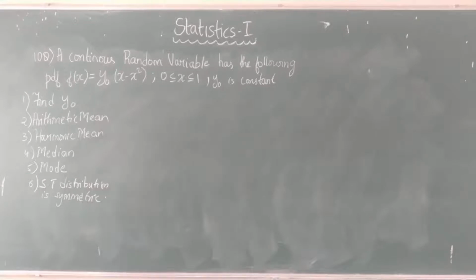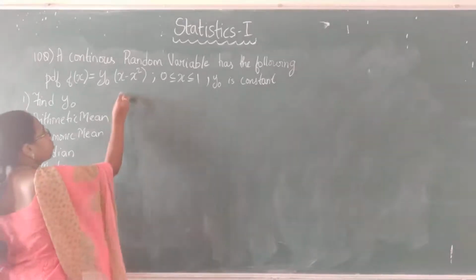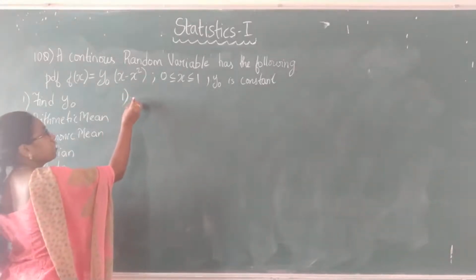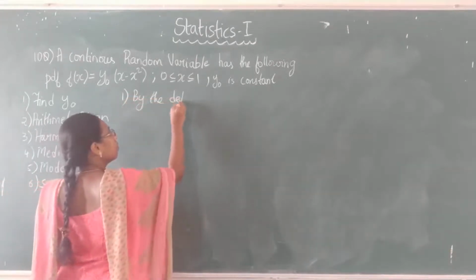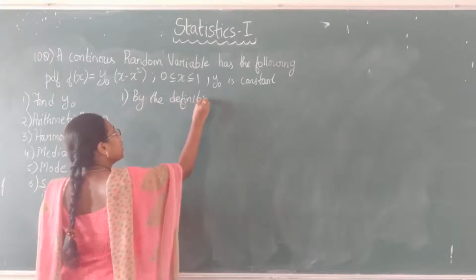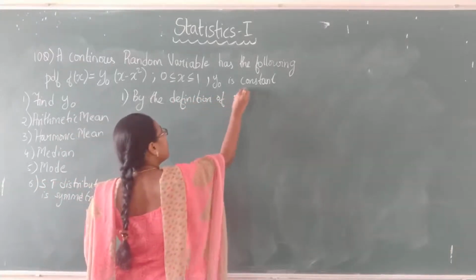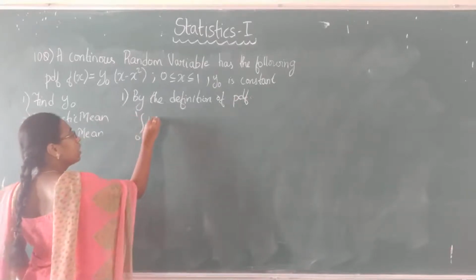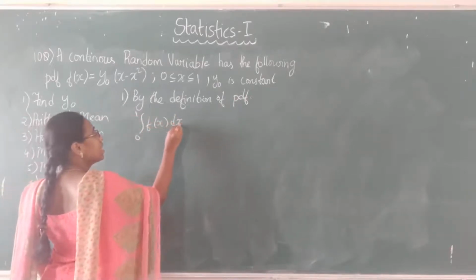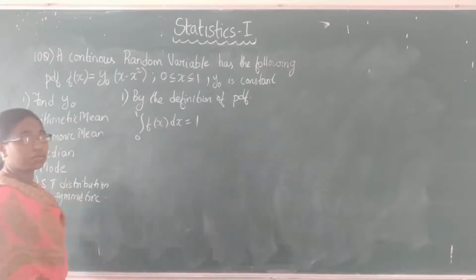So how to do the first bit? First bit is by the definition of PDF. By the definition of PDF, the integral from 0 to 1 of f(x) dx is equal to 1.